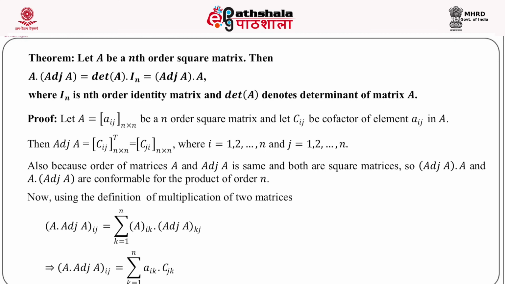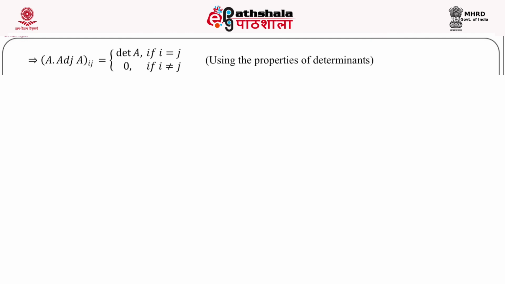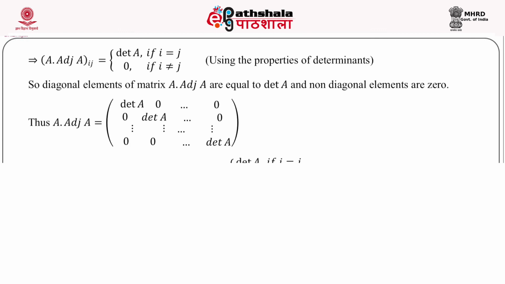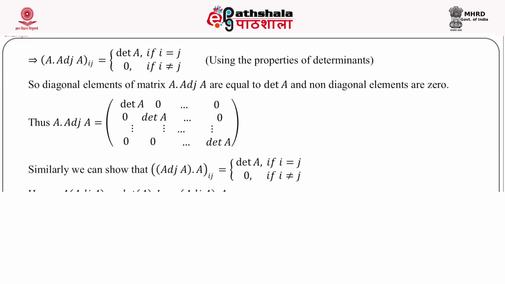Now using the definition of multiplication of two matrices, the ijth element of A into adjoint of A is given by this summation. So the ijth element of the matrix A into adjoint A will be determinant of A if i is equal to j and will be 0 if i is not equal to j. It is just a simple use of the properties of determinants.